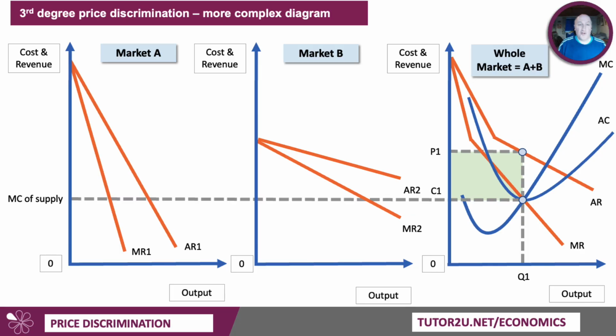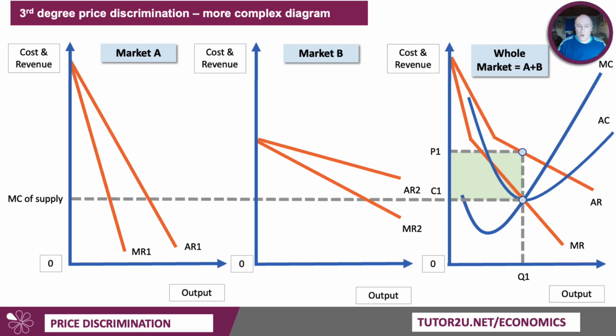Now we're going to assume here that the marginal cost of supplying the market, taken from the right hand side, is the same for both groups. So market A and market B are two different groups of consumers, but we're going to assume that the marginal cost of supply is the same. So I've drawn in MC of supply, marginal cost. Make sure that's clear in your written analysis. Make sure you tell the examiner, I'm assuming that the marginal cost is the same.